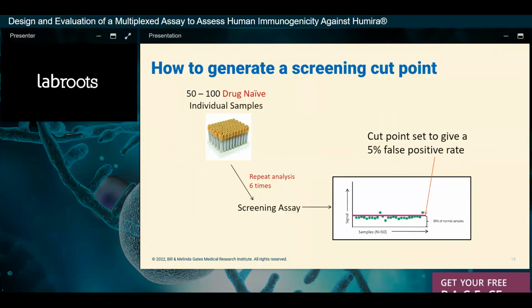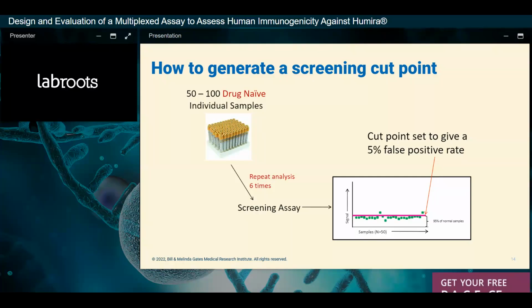So how do these screening assays work and how do you generate this screening cut point? Well, the exercise is you take a large panel of clinical samples from drug naive patients, usually somewhere between 50 and 100. You put these samples in your screening assay and you run them a bunch of times, at least 6 times.